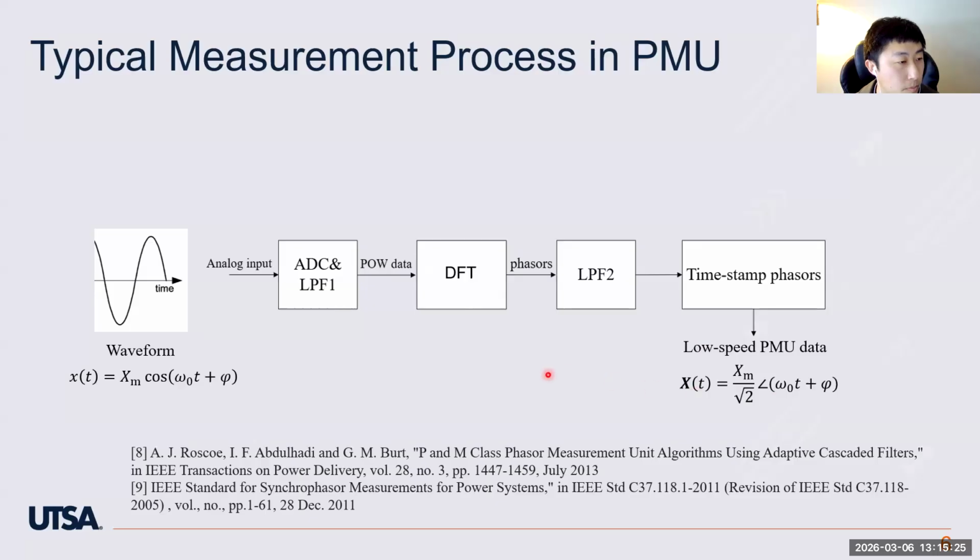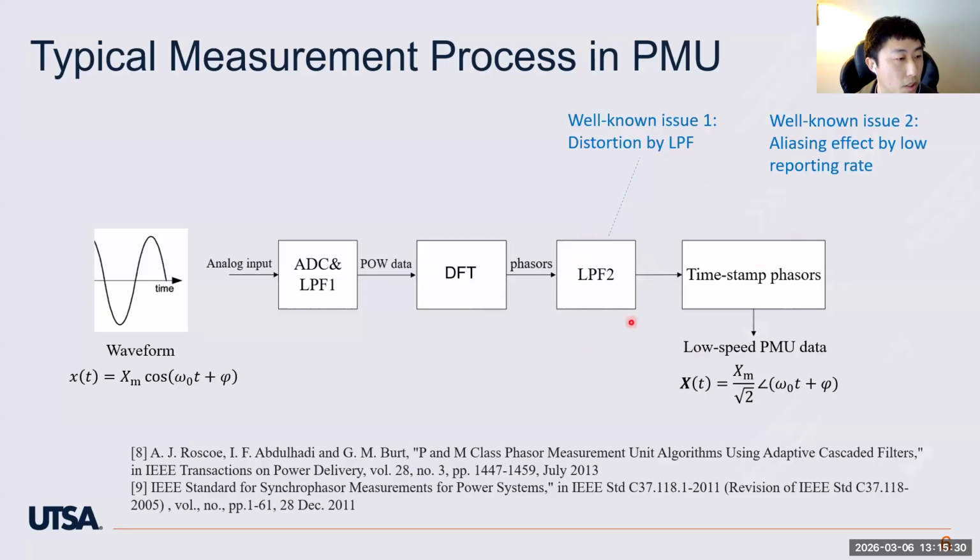Two well-known issues happen in the later stage here. The second low-pass filter will distort the phasor, and the low reporting rate will cause the aliasing effect. Those are well-known, so they are not the focus of this talk. This talk will try to figure out if there is any distortion caused by the DFT algorithm when converting the point-on-wave data into phasor data, and if so, how much.